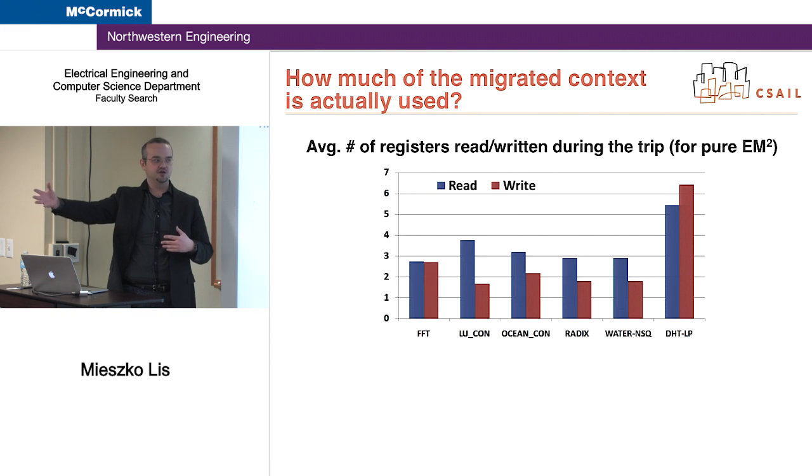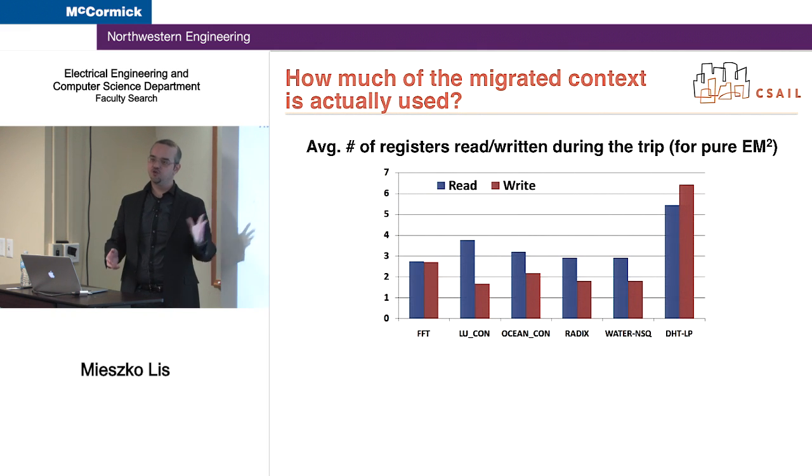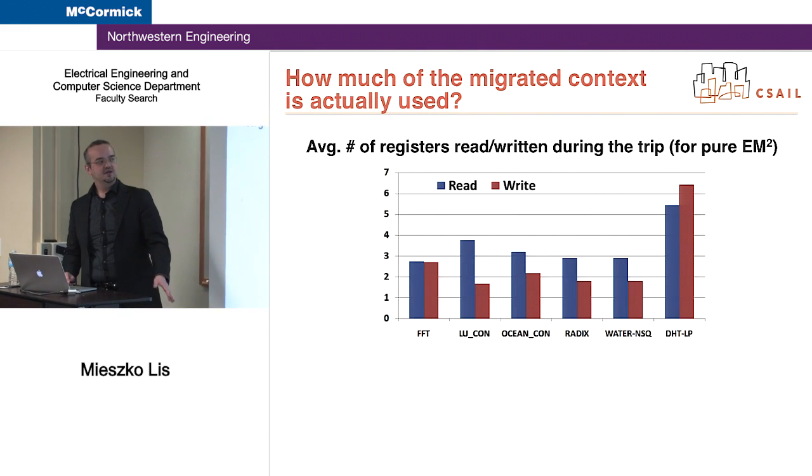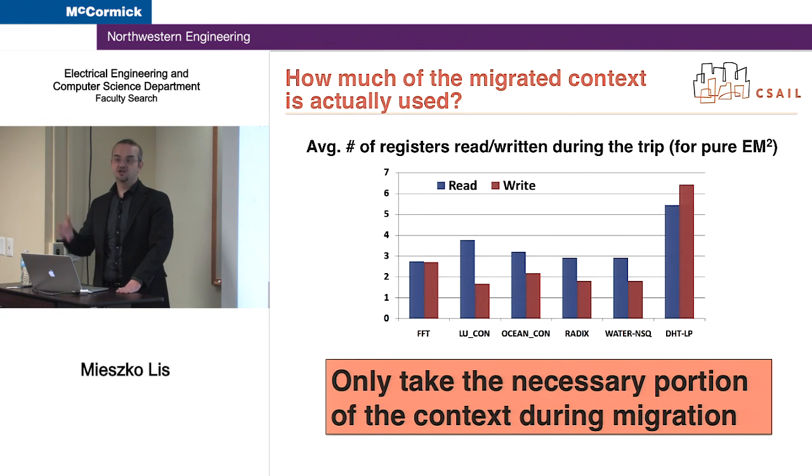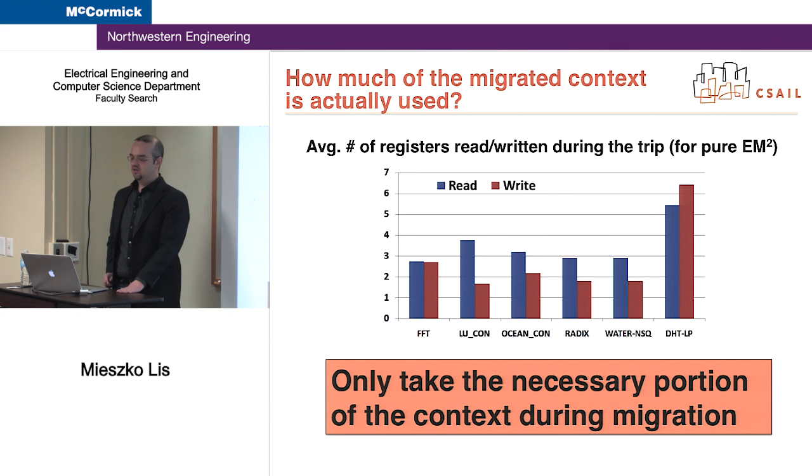You migrate somewhere, you read or write maybe 3 or 4 registers out of the 16, and then you come back. So the obvious solution is you should only take the registers that you're actually going to use, as opposed to taking all this junk that you're never going to access.